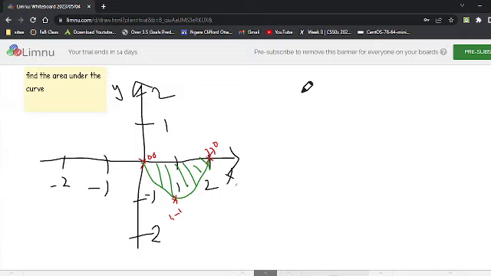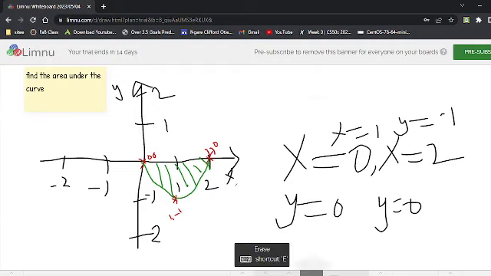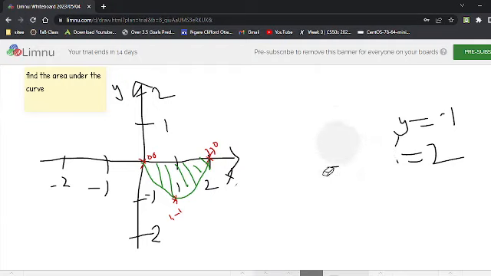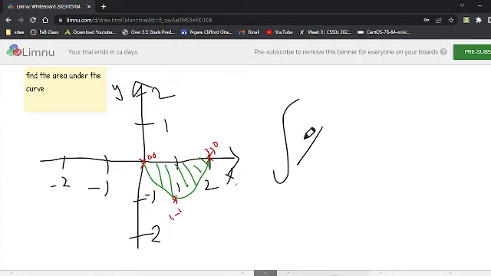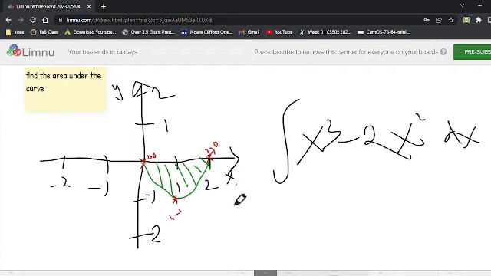So you're going to integrate x cubed minus 2x squared dx from x equals 0 to x equals 2. Sorry, let me use another color, black.